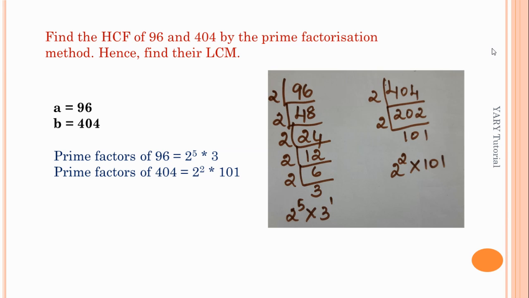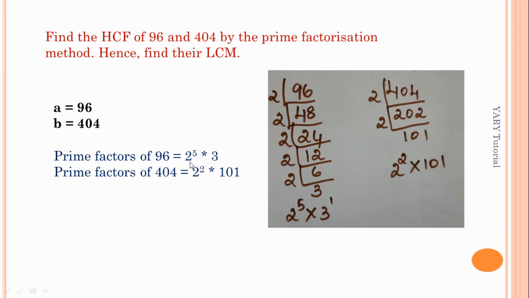So the prime factors of 96 is equal to 2 to the power of 5 into 3, and the prime factors of 404 is equal to 2 to the power of 2 into 101. As I said, the least power of the common factors will be the HCF.